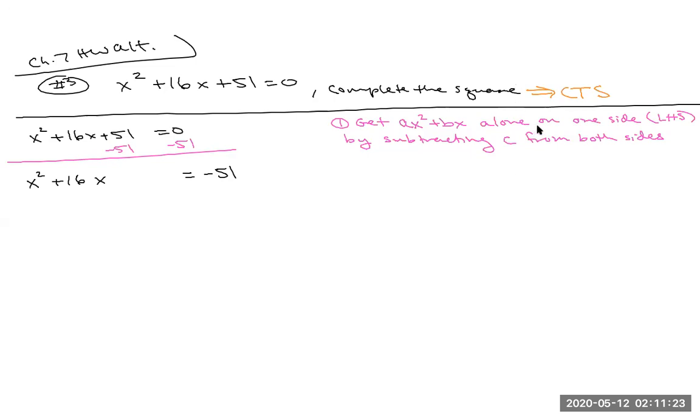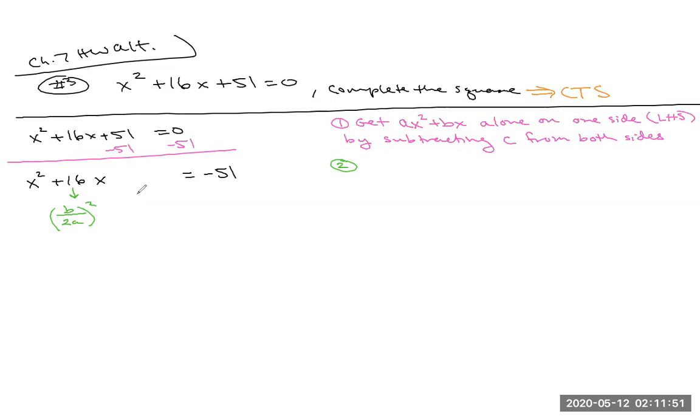So this is where it starts to get a little bit strange. Okay, so I think I should do this in another color. Let's do green. So what I'm going to do, you see my b value here is 16. I'm going to take b, divide it by 2a, and then I'm going to square it.